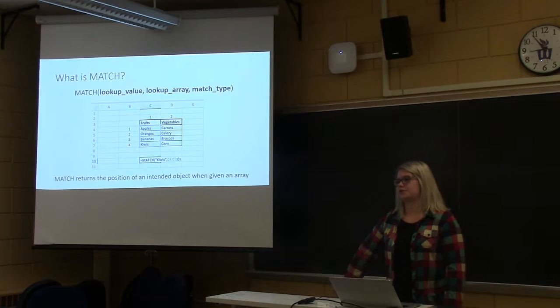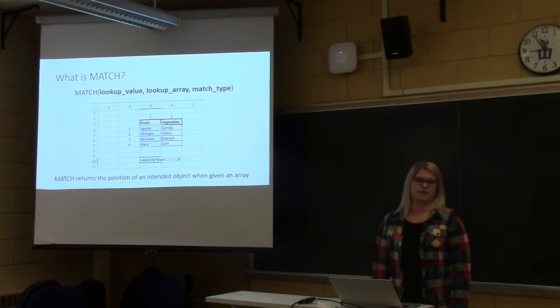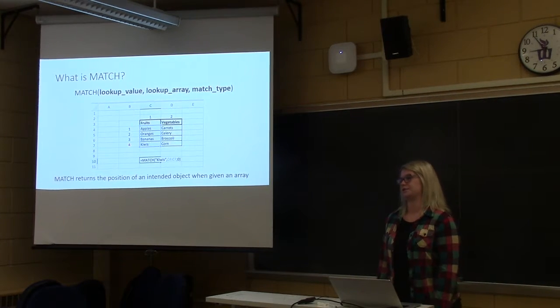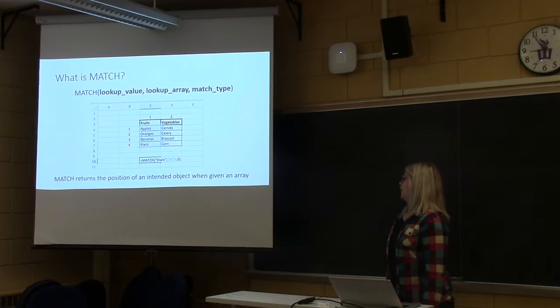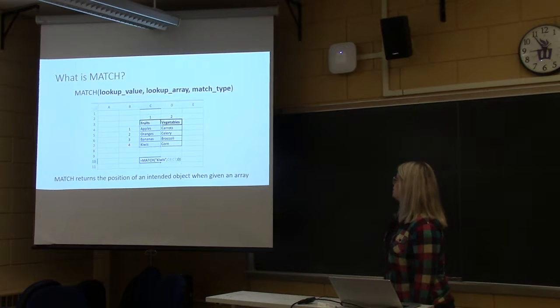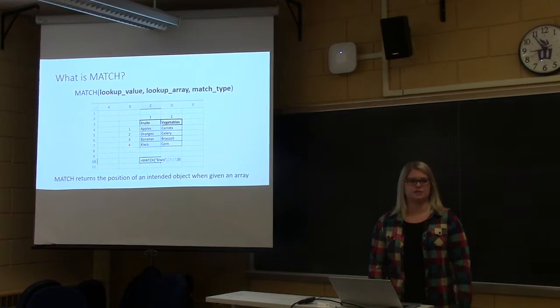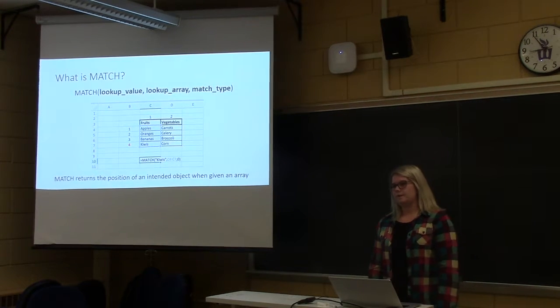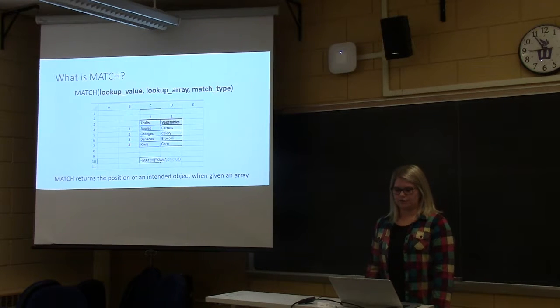So now I'll show you what index match is, but first I need to show you what match is so you can understand how these different functions work within each other. Match is a function that returns the position of a certain value that you're looking for.